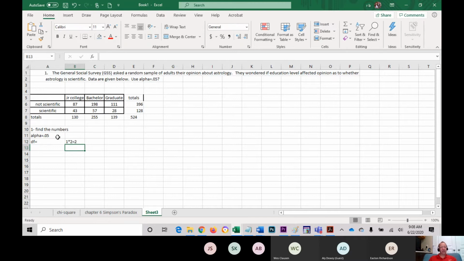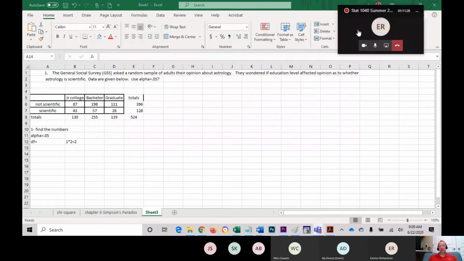And how did you get that? You take the number of rows, 2 minus 1, which is 1, and then the number of columns, 3 minus 1, which is 2. Perfect. Well done.